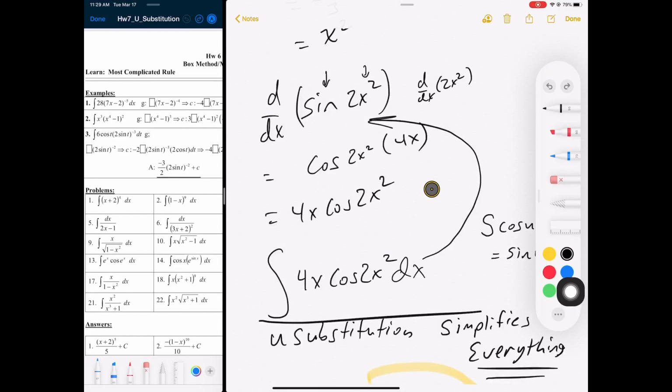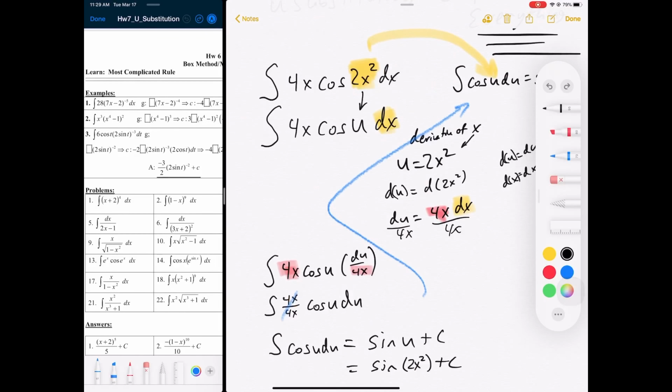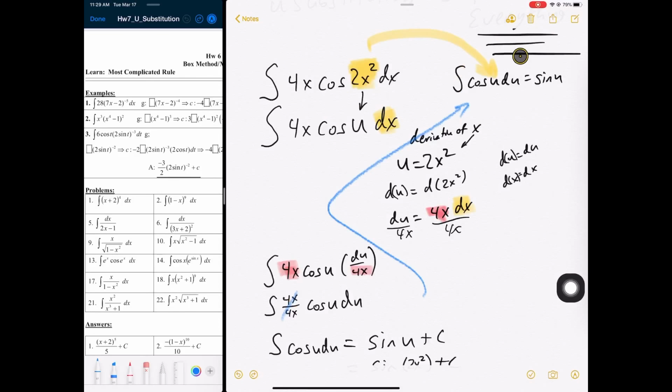Okay. So let's just go over the purpose of U-substitution. The purpose of U-substitution is taking something that does not look like an identity I already know.